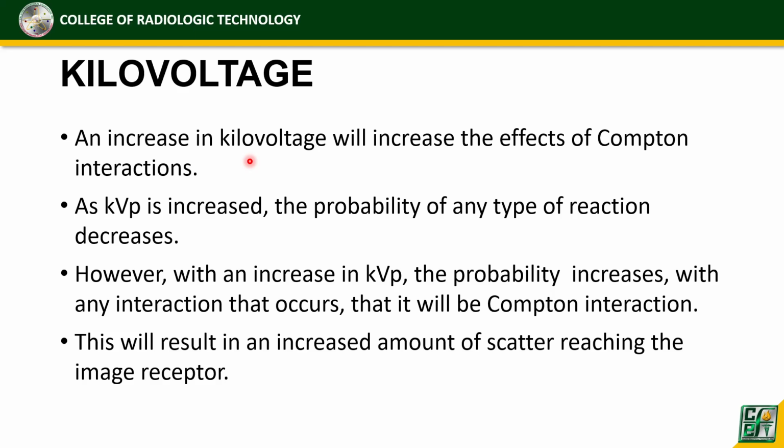Okay? So with an increase in kVp, the probability increases that any interaction that occurs will be Compton interaction. So pag nag-increase tayo ng kVp, yung X-ray interaction with matter, yung probability niya ay tataas na lahat ng interaction ay Compton interaction.